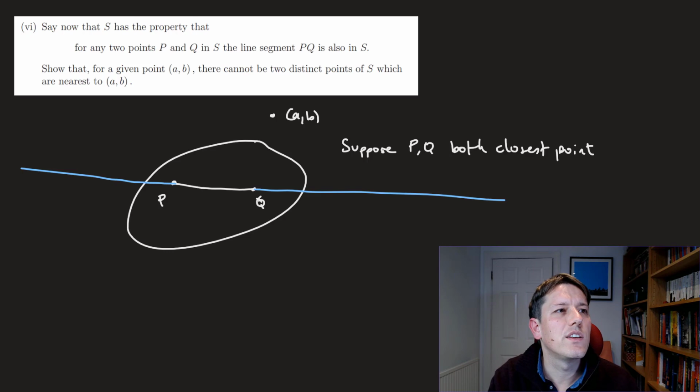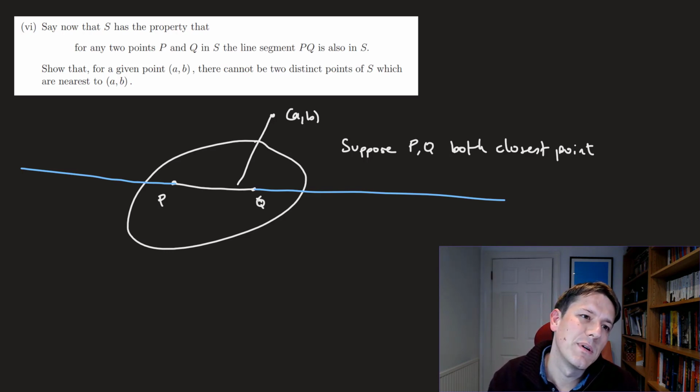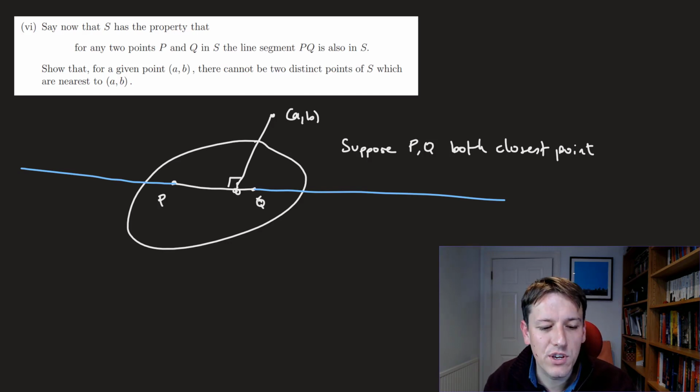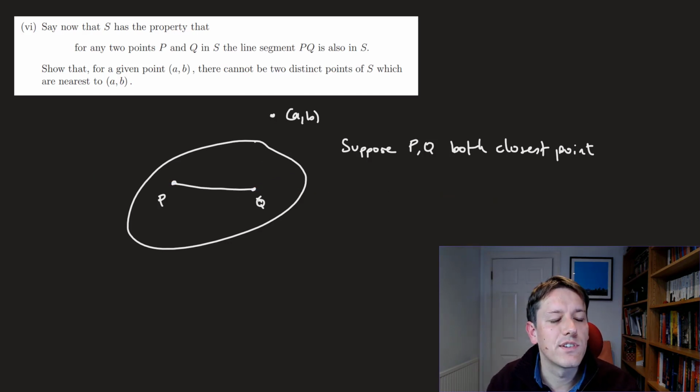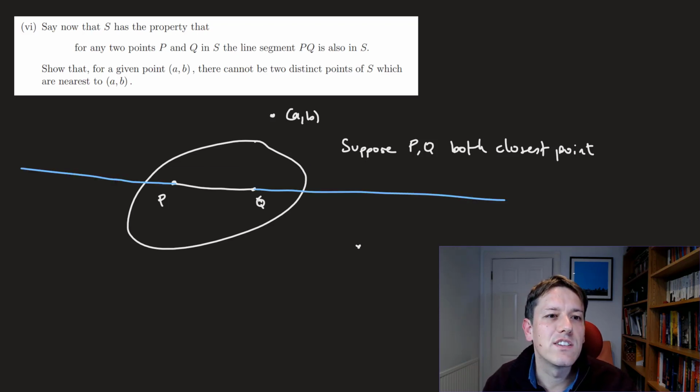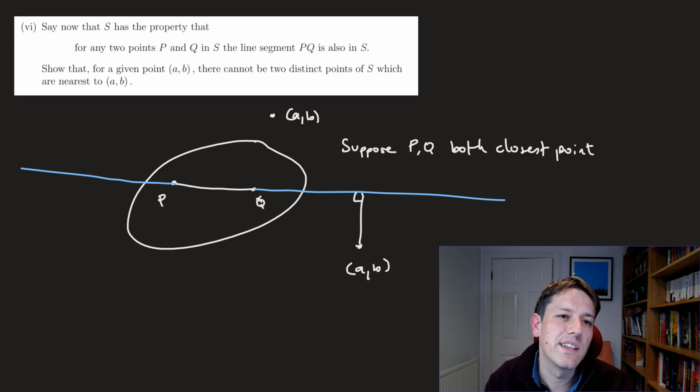So in a way, the argument we'd like to make here is that I can drop a perpendicular, and this point here must be closer than either P or Q, but we have just got to be a little bit careful about the case where maybe AB is out here, and when I drop the perpendicular it's not actually on my line segment anymore. Now, clearly, of course, Q is closer than P.